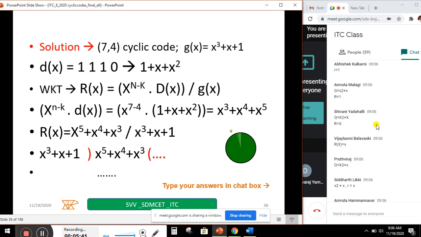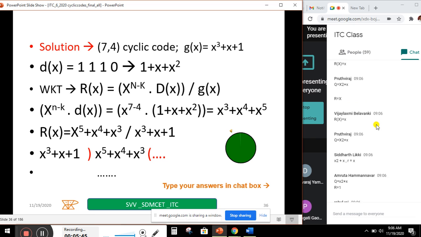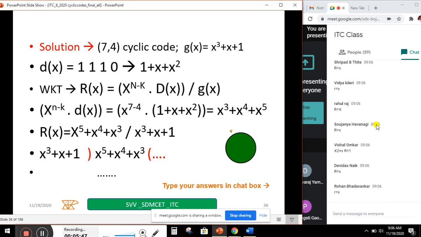Abhishek Kulkarni got r equal to 1. I have given 2 minutes, and within 2 minutes the majority are telling r equal to x. Prithviraj and Prajakta also say r equal to x.